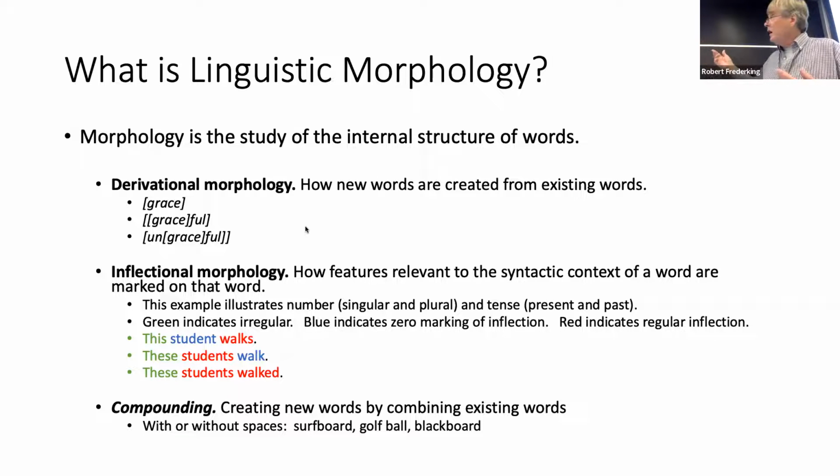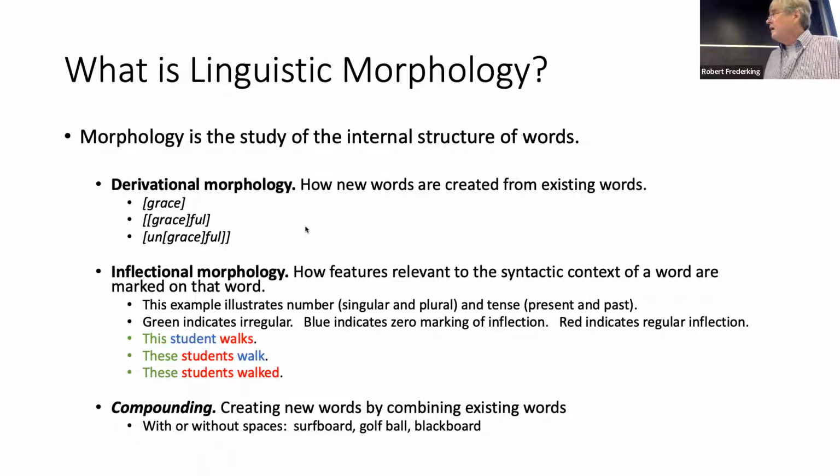And so both the noun and the verb change form to match each other, and they have to agree, or people think you're speaking weird, or you're a baby. And then you can make the past tense, these students walked, where the verb form changes, but the noun stays the same. And which things agree with what and how they change is one of the parts of the grammar of the language. In different languages, different things have to agree in different ways.